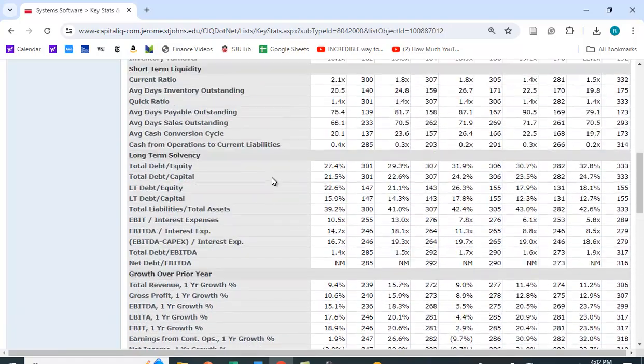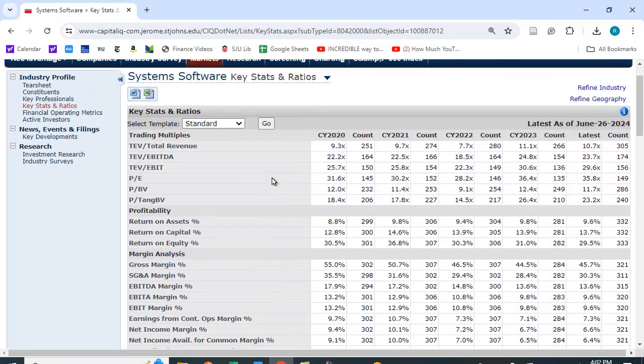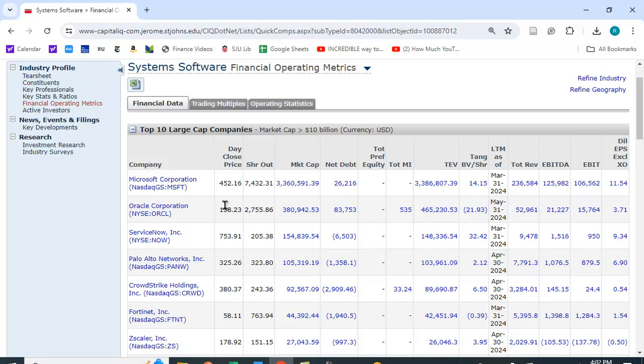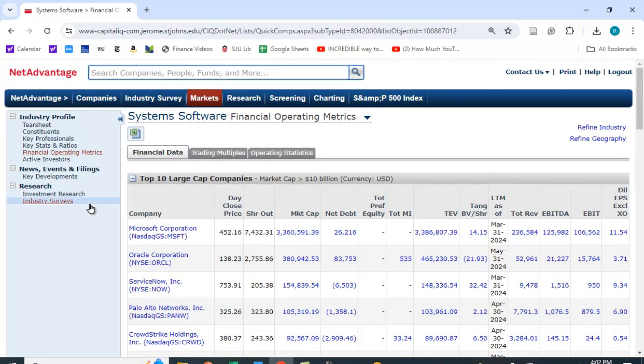They've taken the software industry and they've computed the ratios for this industry. You can also look at some operating metrics, and you have some of the different companies in the industry. So Microsoft, Oracle, ServiceNow, Palo Alto Networks, total revenue, EBITDA, EBIT, etc.